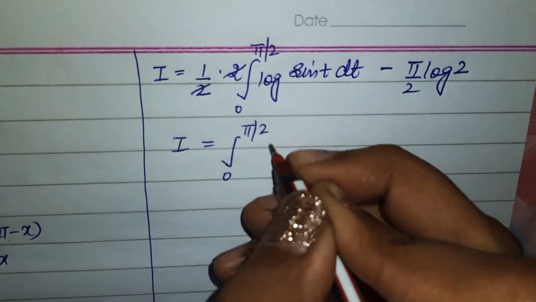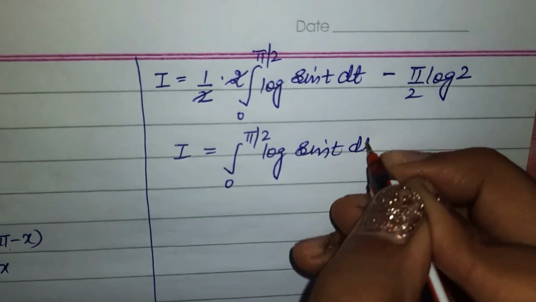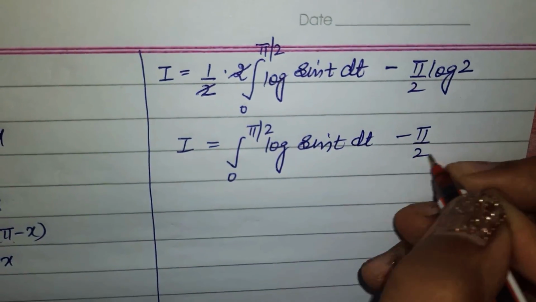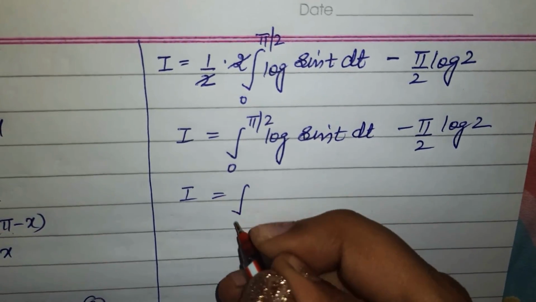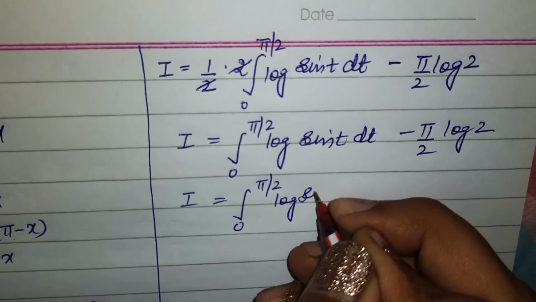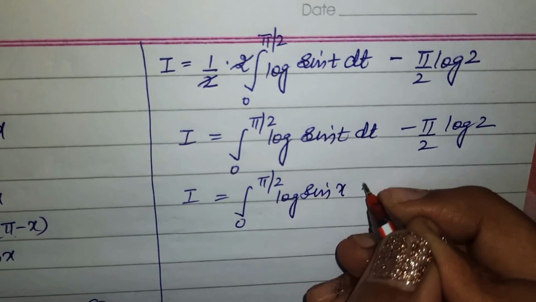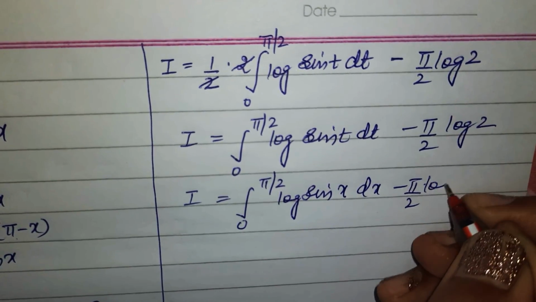In P0, we can change the variable. That's okay, because till now we have done it with the variable x only. So we can write this term as log of sin x dx minus pi by 2 log 2.